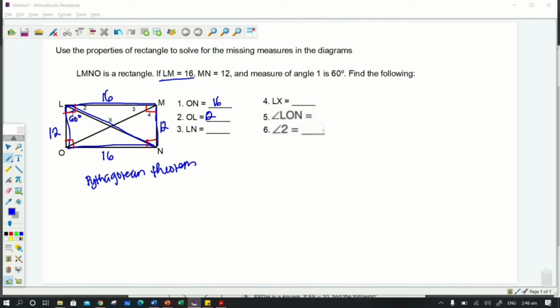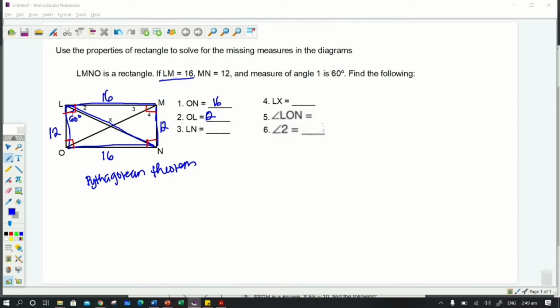Okay, ano po yung ibig sabihin nun? The square of the two sides is equal to the square of the hypotenuse, which is the longest side. And in this case, ang ating longest side is our diagonal.